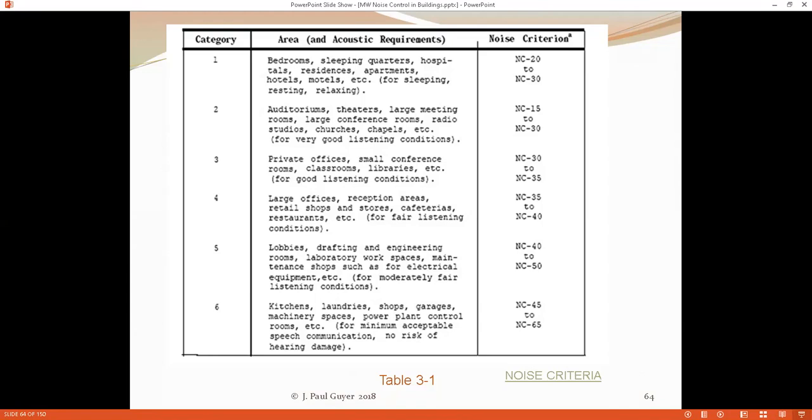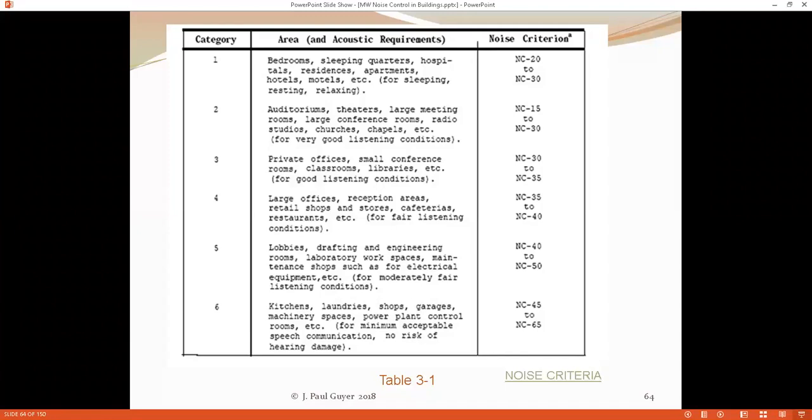Category 1 is bedrooms, residences, hotels, motels, etc., where the primary human activity is sleeping, resting, relaxing. And so using this system, you would want to select for your receiving room an NC curve as your target of 20 to 30.